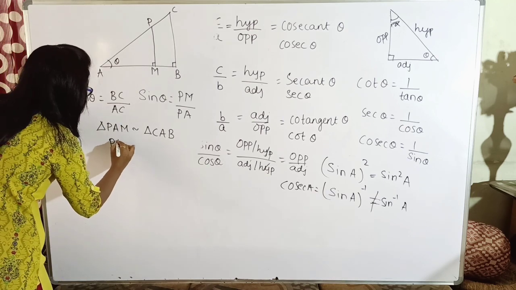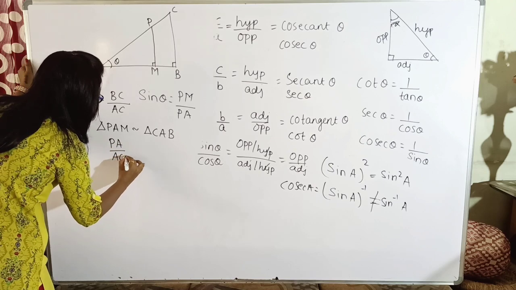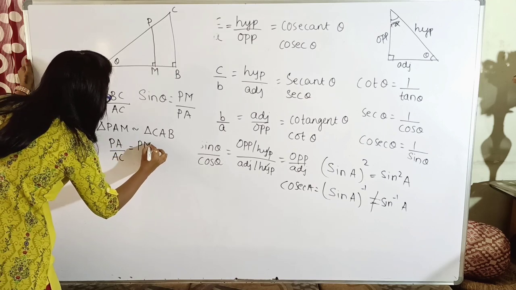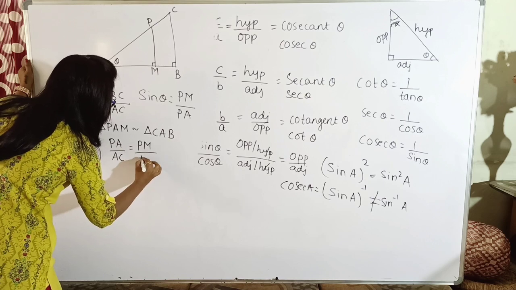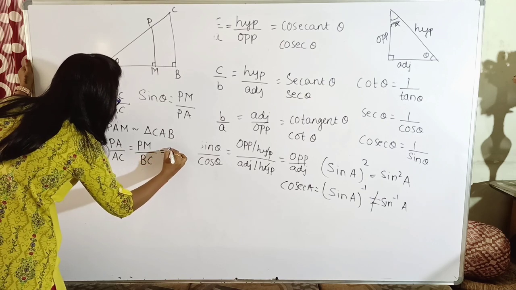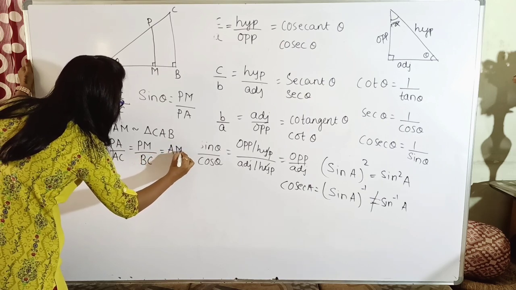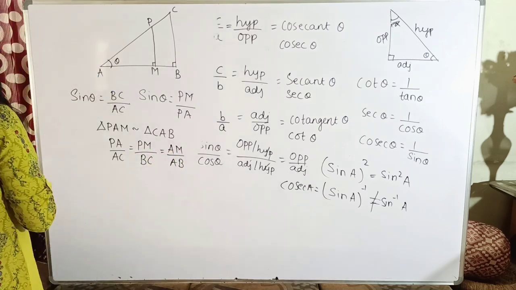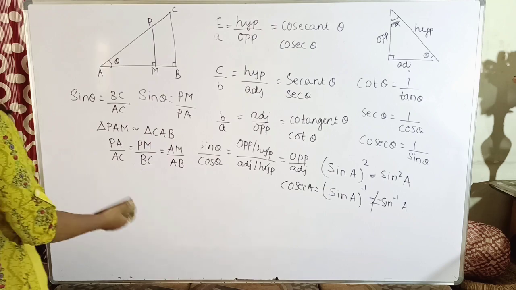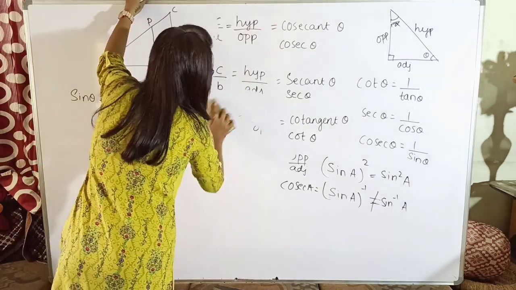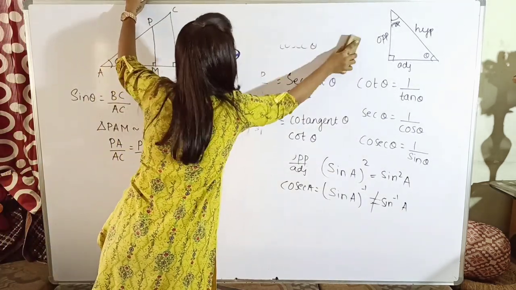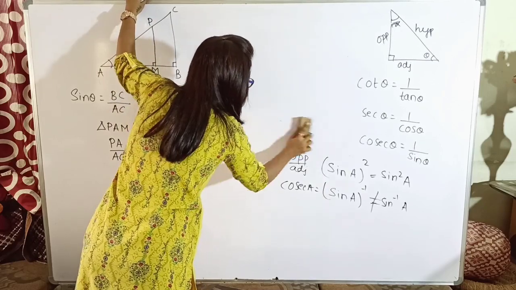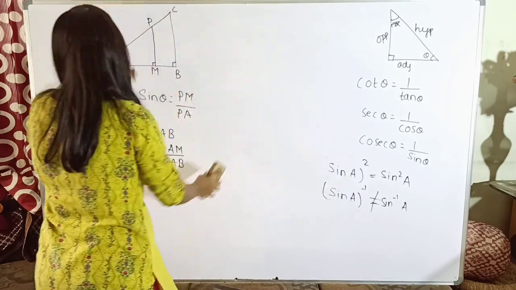So PA upon AC will be equal to PM upon BC will be equal to AM upon AB, isn't it? Yes, the two triangles are similar, hence their ratios are proportional. Let us rearrange the ratios and see.